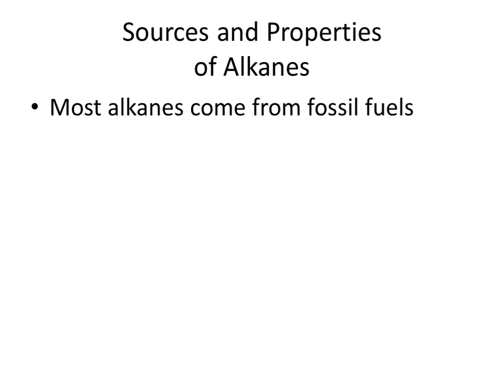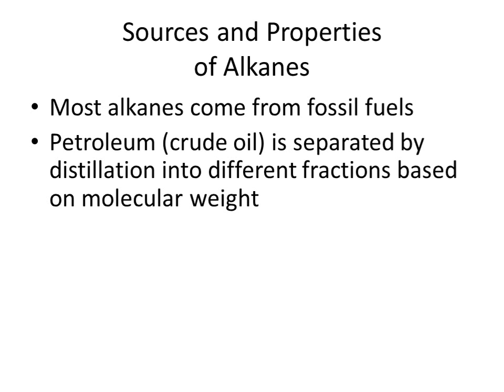As far as where alkanes come from, most of them come from fossil fuels, be it natural gas, crude oil, sometimes coal. When crude oil is recovered from the ground, that crude oil is a mixture of many different sized hydrocarbons, alkanes, and even other families of organic compounds.